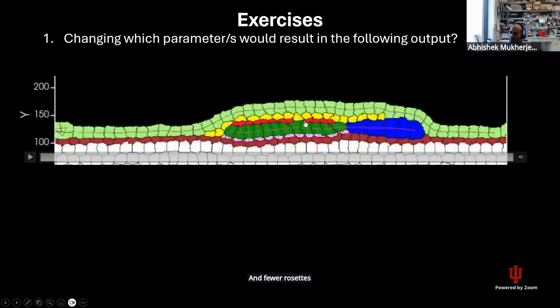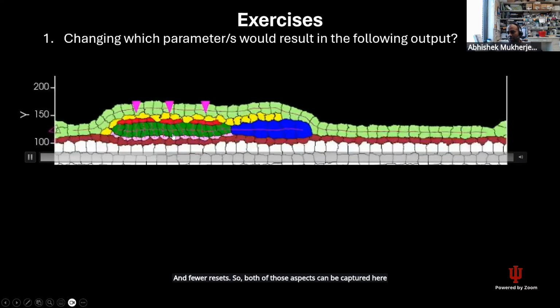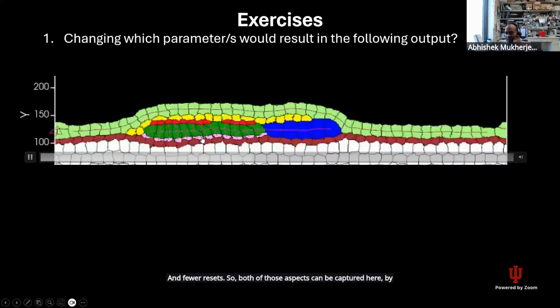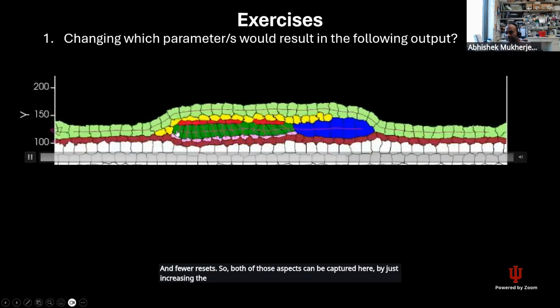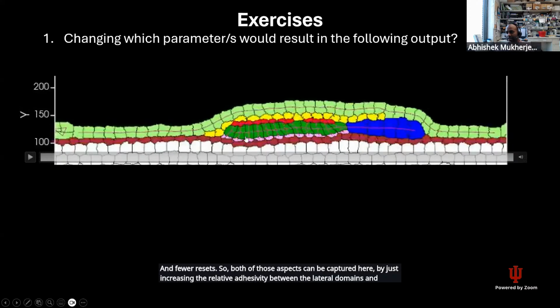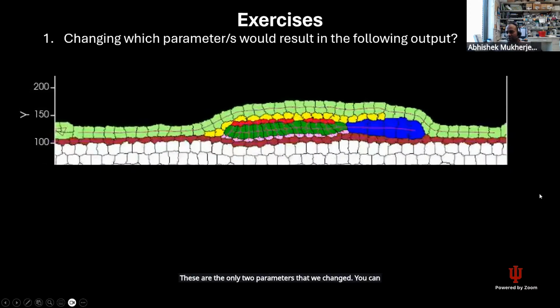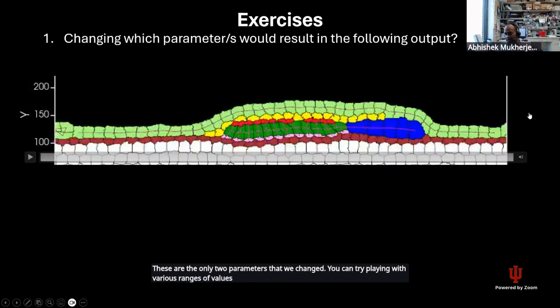Both of those aspects can be captured here by just increasing the relative adhesivity between the lateral domains and the apical domains. These are the only two parameters that we changed. You can try playing with various ranges of values and see whether you can recapitulate this effect.